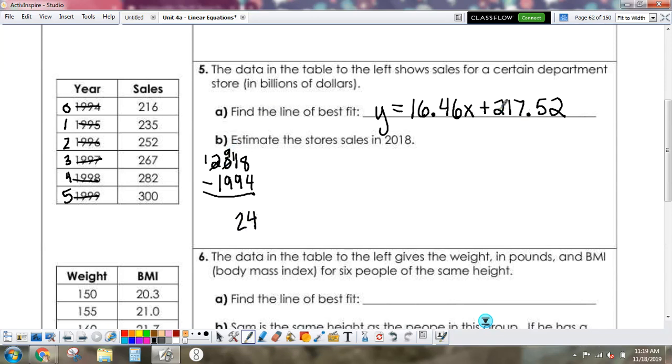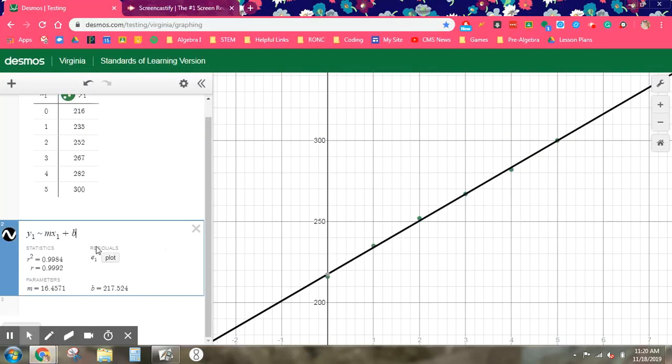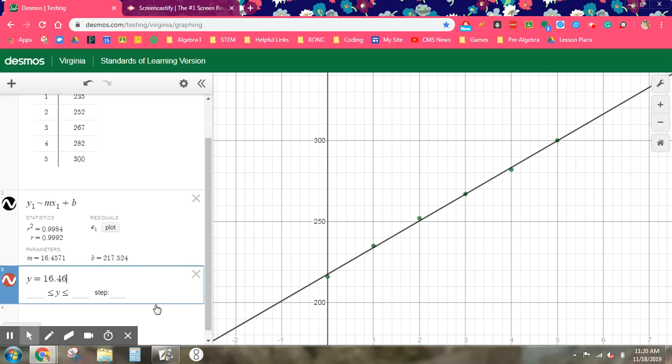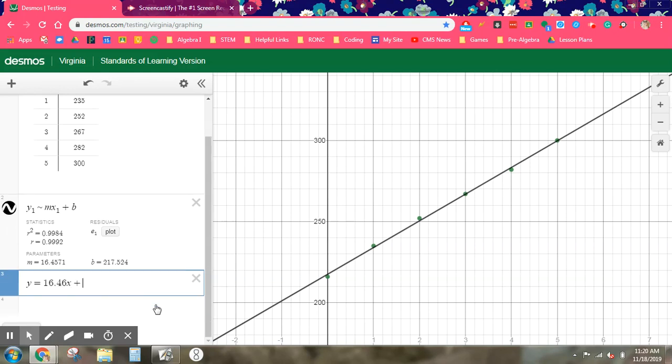In my equation, my years were my x's, so I'm going to put y equals 16.46 times 24, because it's 24 years later, plus 217.52. I can type this in and solve it in my calculator, or I can flip over to Desmos and type that in. So it was y equals 16.46x plus 217.52.